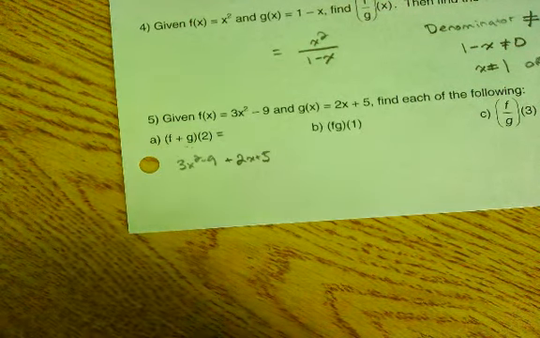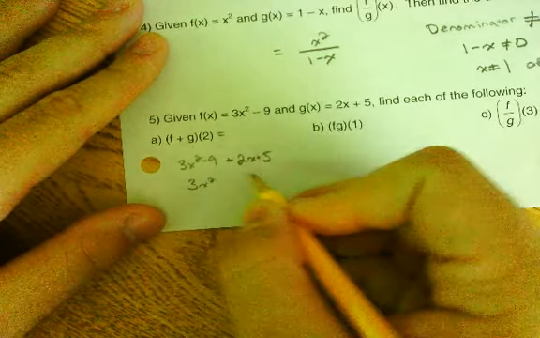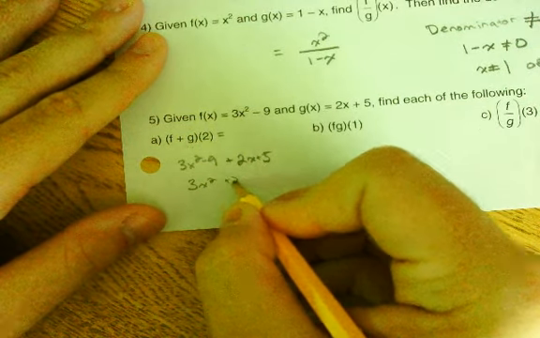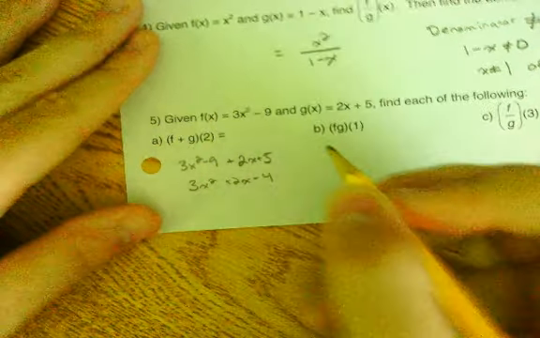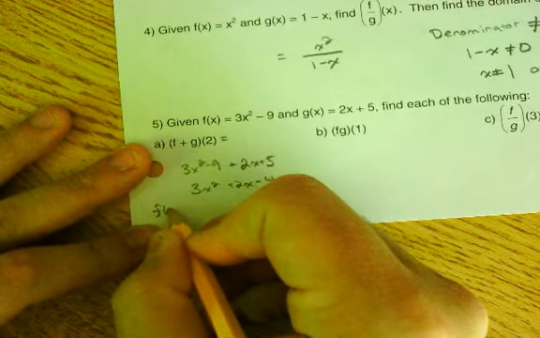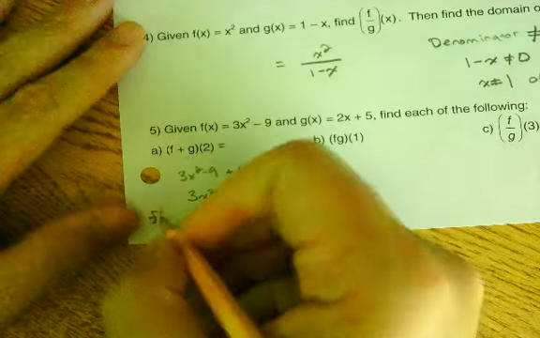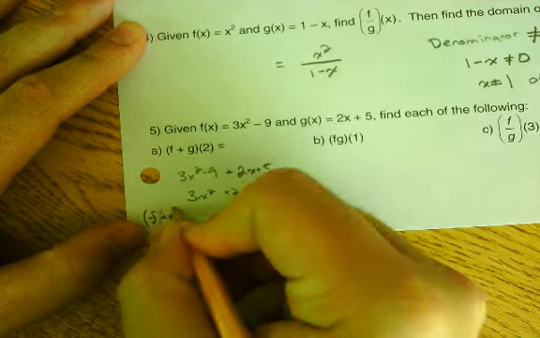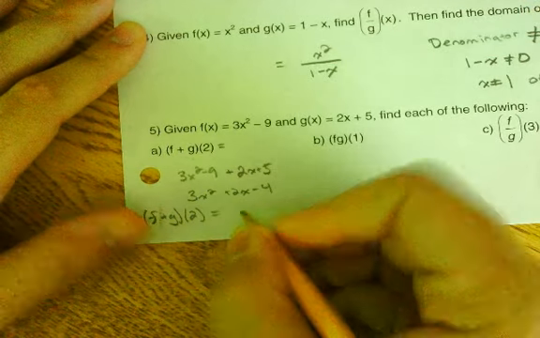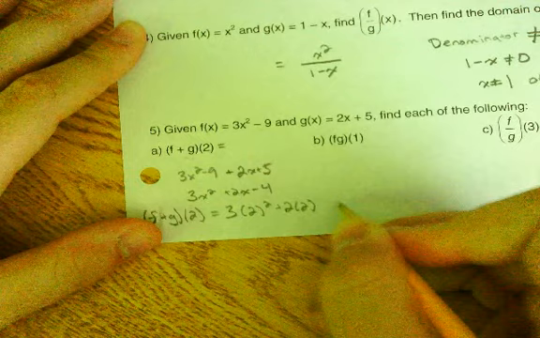So this simplifies to 3x squared plus 2x minus 4. Now let's actually plug the 2 in: 3 times 2 squared plus 2 times 2 minus 4.